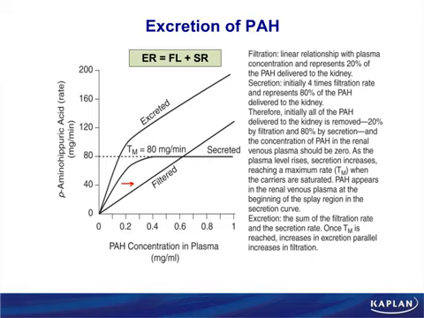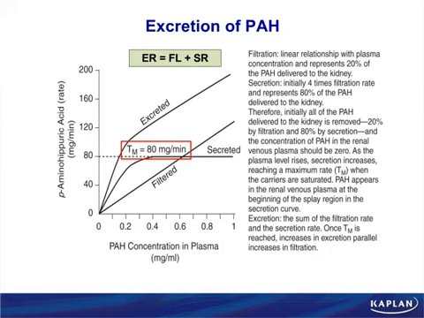The secretion rate increases and then curves, tapers off, and then becomes constant. It plateaus. Why? Because the carriers responsible for secreting PAH become saturated. They have reached transport maximum, and this is why the secretion rate plateaus.